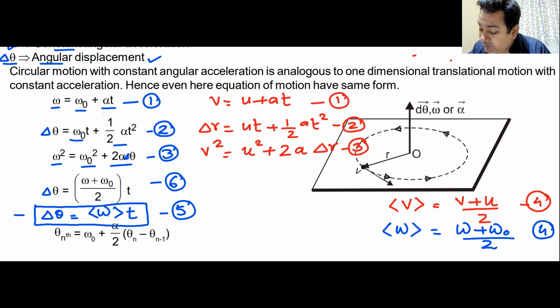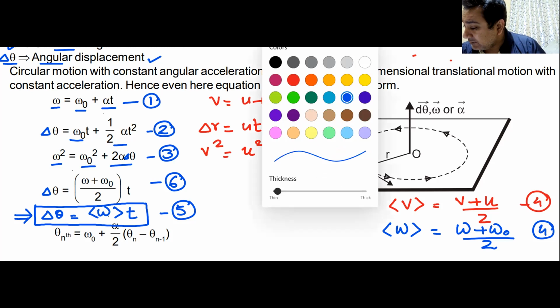What is peculiar about equation number 5 is that it is always valid. Apart from equation number 5, all the equations are only valid if the acceleration or angular acceleration is constant.